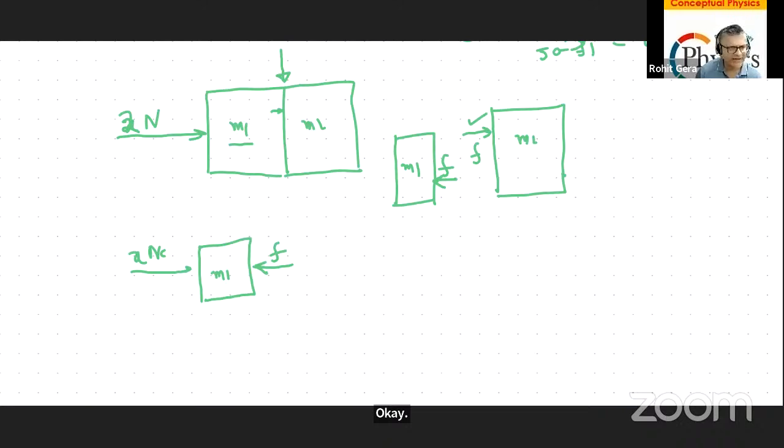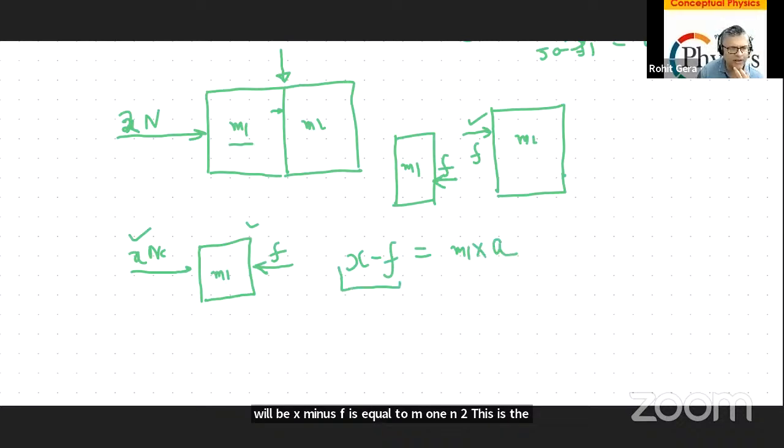So now the net force, which is the resultant on this, will be X minus F is equal to M1 into A. This is the net resultant force acting on M1. This is part of the action-reaction pair coming from M2. This is the external force. So this is the second law equation for M1.